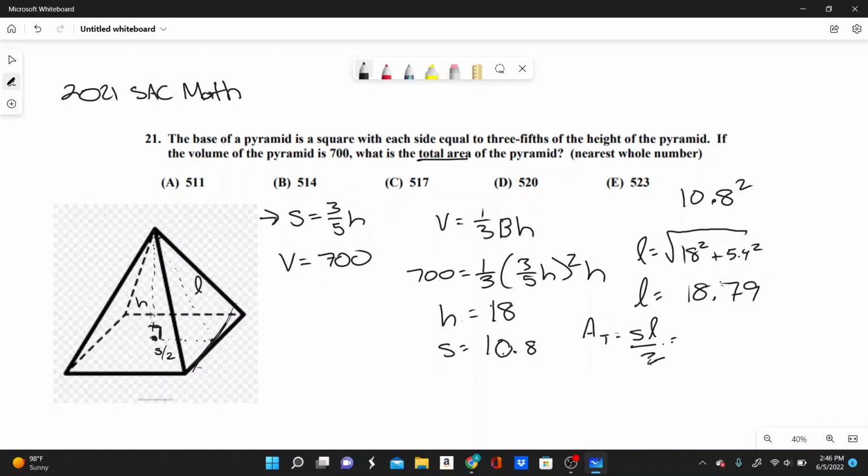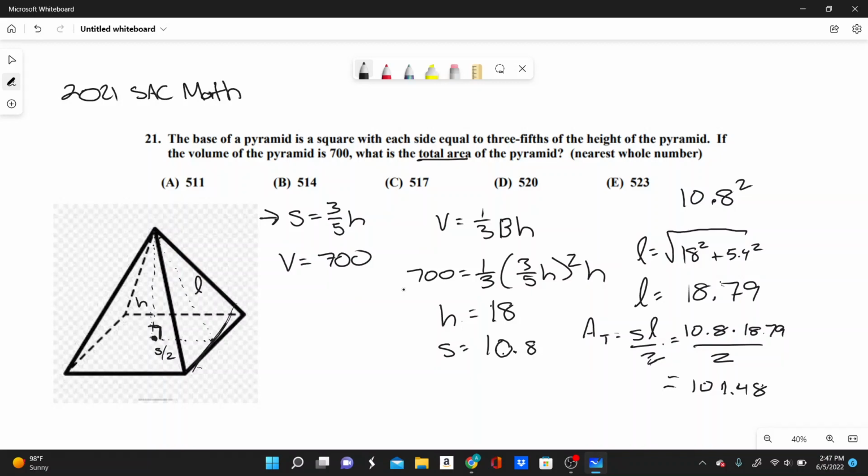So that would be the side of 10.8 multiplied by the length that we found was 18.79, divide that by 2, and you get an area for the triangle to be 101.48.